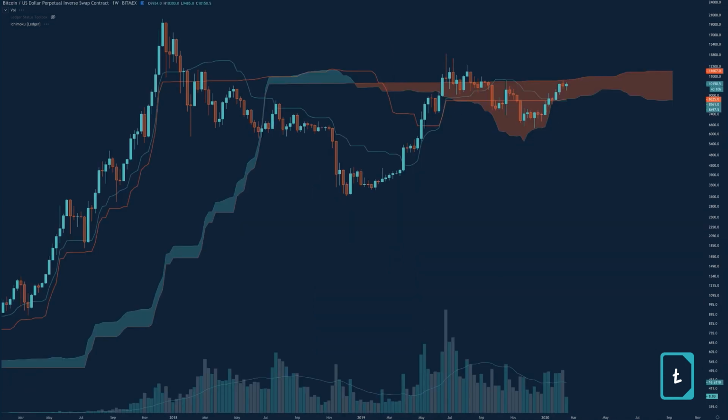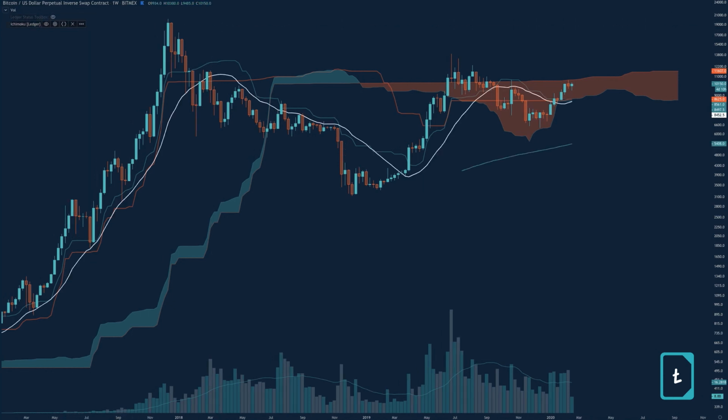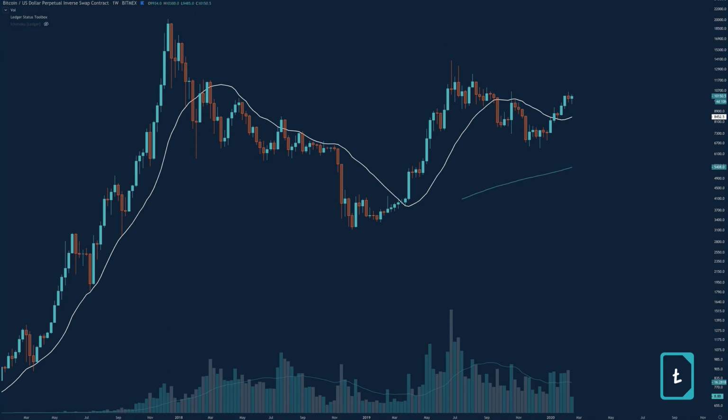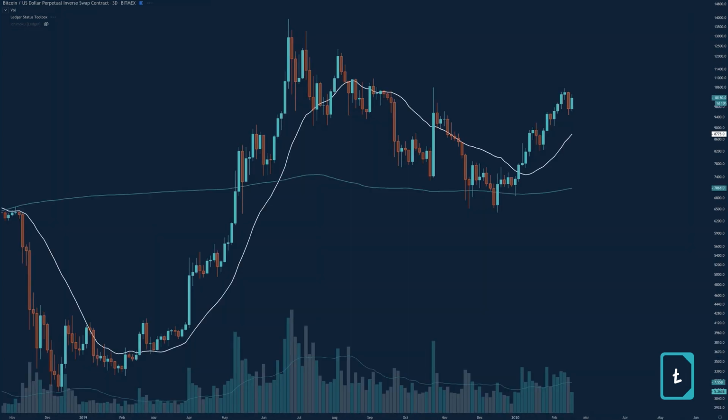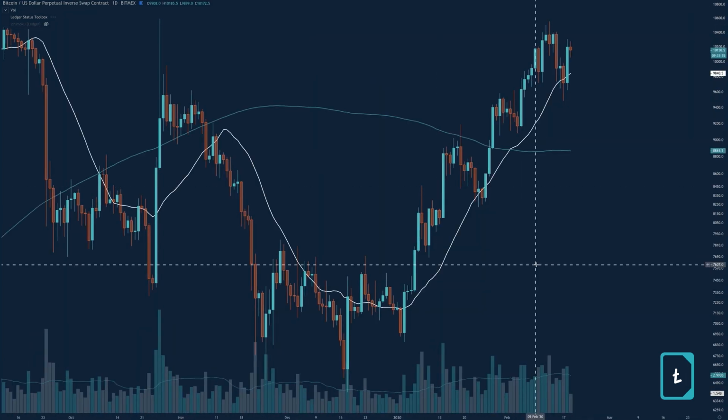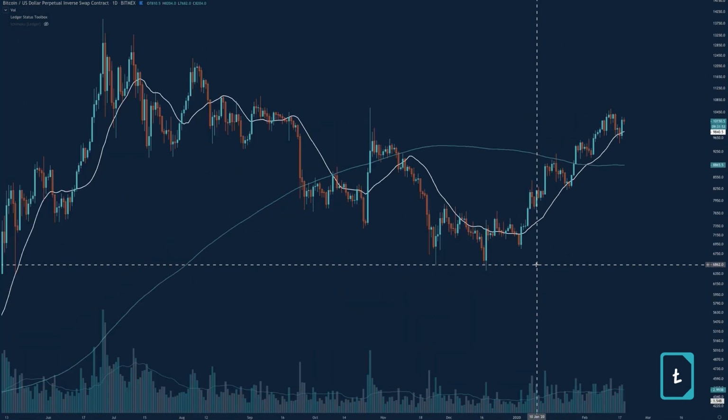In terms of time frames, I like the daily and the weekly the most. There are some other ones that are really useful, but you can use moving averages or the cloud on all time frames.